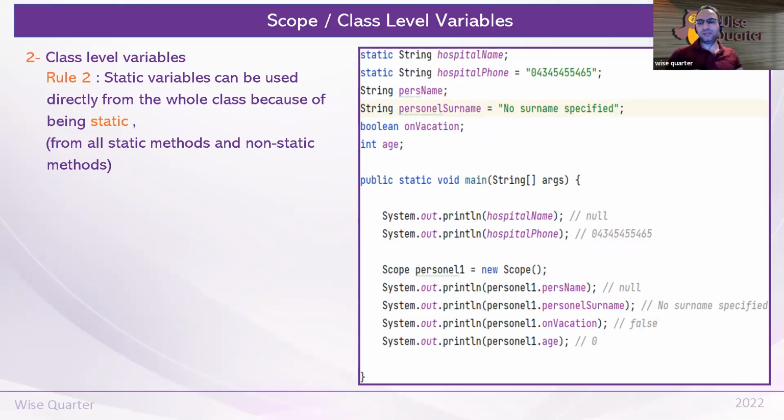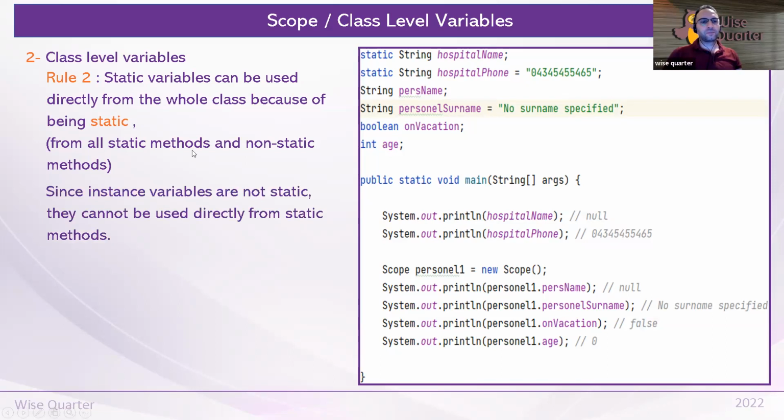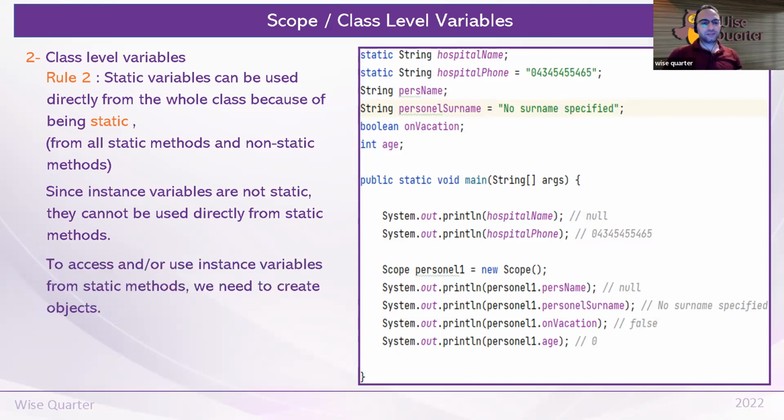By normal, I mean non-static variables. Non-static variables cannot be used in a static method. They cannot enter the elite party, sorry. To reach or use non-static variables, we need to create an object. This is the key point.